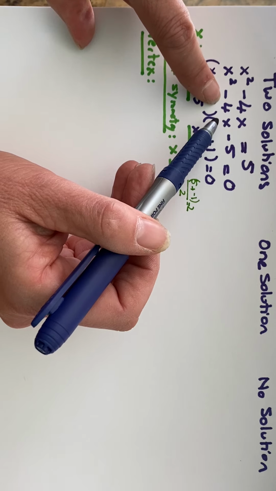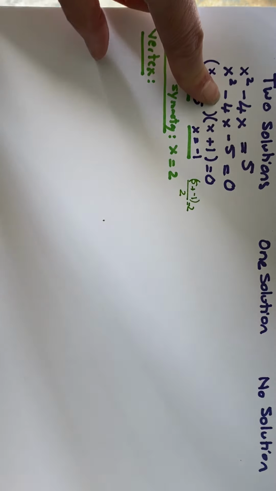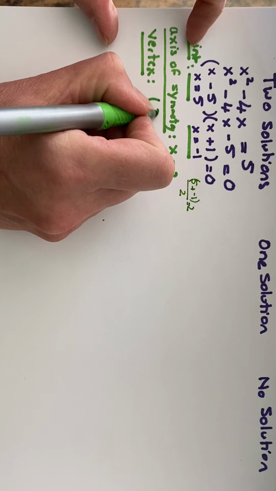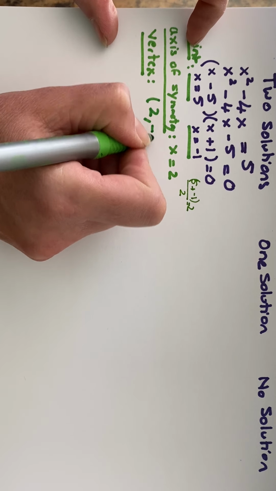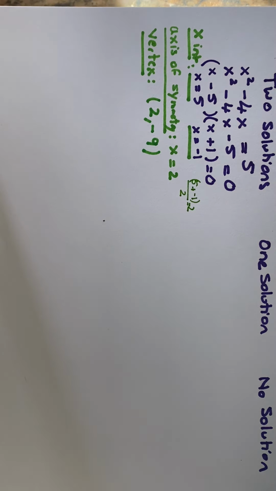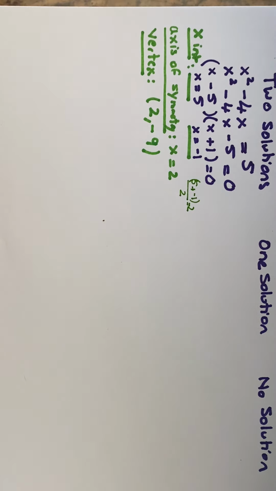So 4 minus 8 is -4. -4 minus 5 is -9. So my vertex is going to be 2, -9. Let me make sure that's correct. I think so. Okay. So I have my vertex.